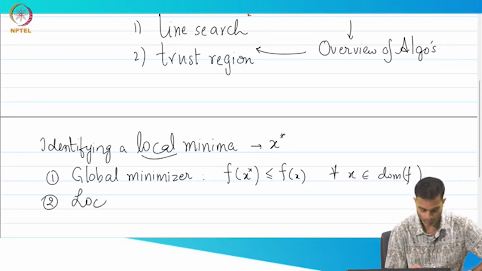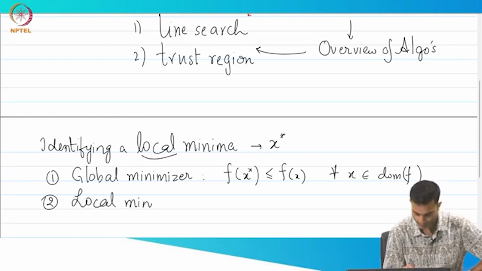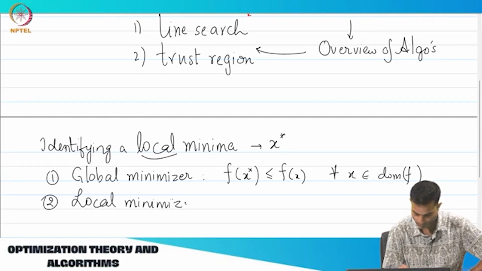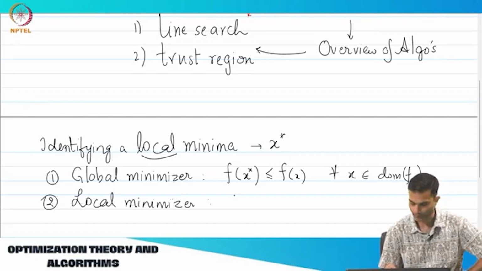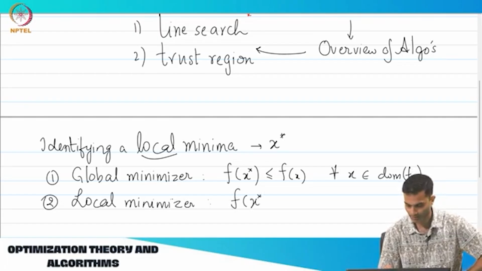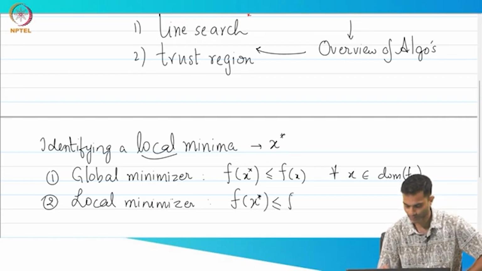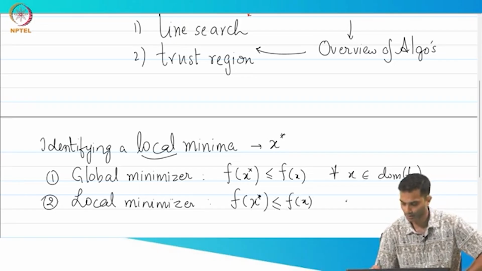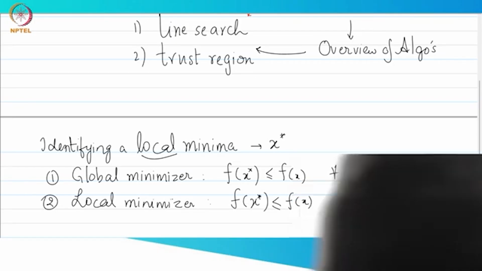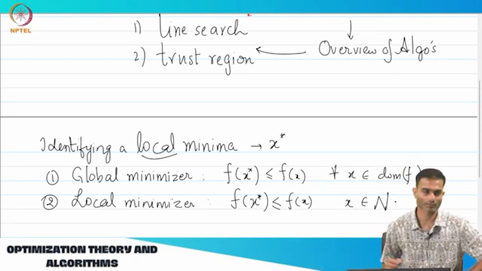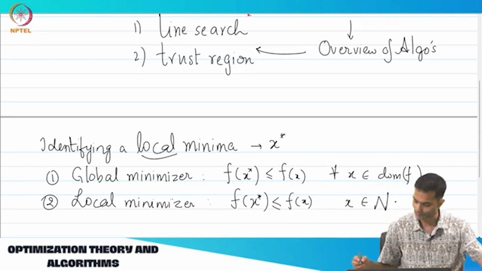This is the natural definition of the global minimizer. Then you come to the local minimizer. Obviously, this statement would be the same. f of x star is less than equal to f of x, but now x belongs to some set or neighborhood of some point.